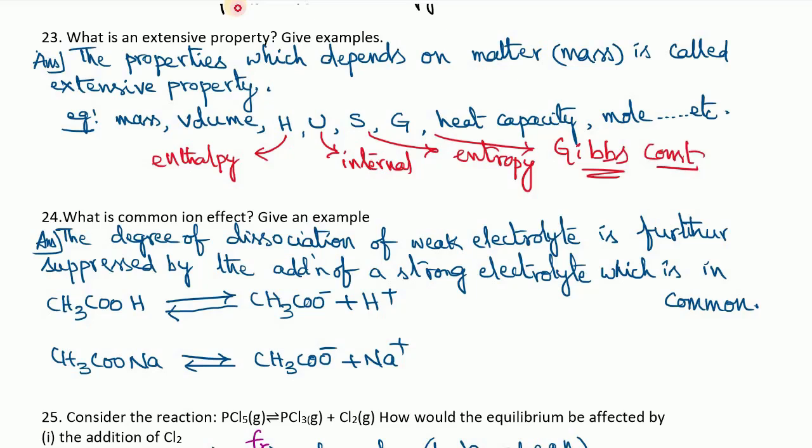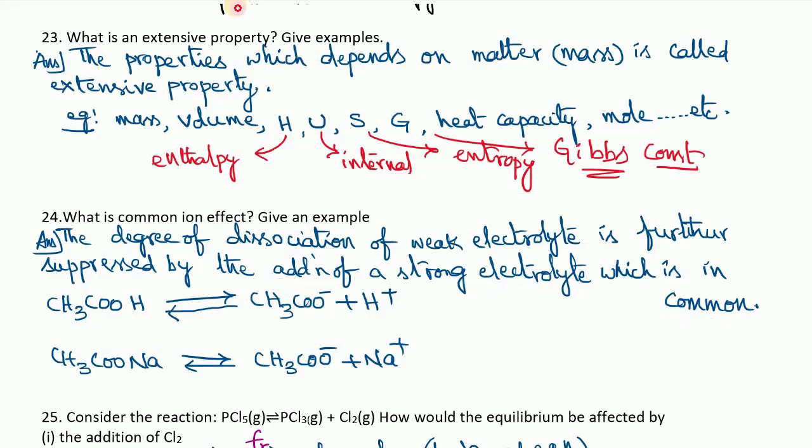What is common ion effect? Give an example. The degree of dissociation of a weak electrolyte is further suppressed, suppressed means decreased, by the addition of a strong electrolyte which has an ion in common.